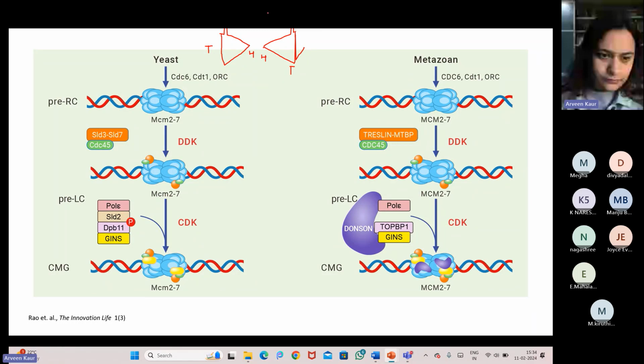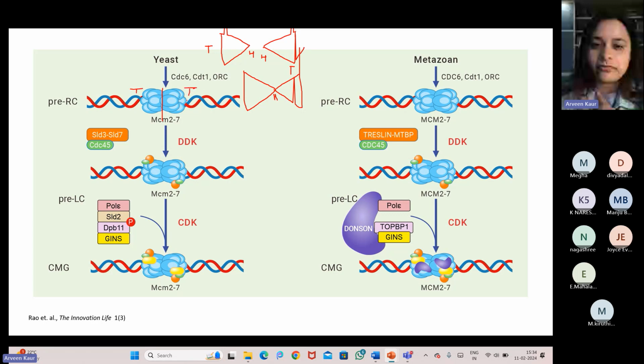When they are present in a complex, they are present like this, so both the heads are attached over here. Heads are present over here, tail 1 is present over here, tail 2 is present over here. That is how the pre-replication complex looks like in eukaryotes.